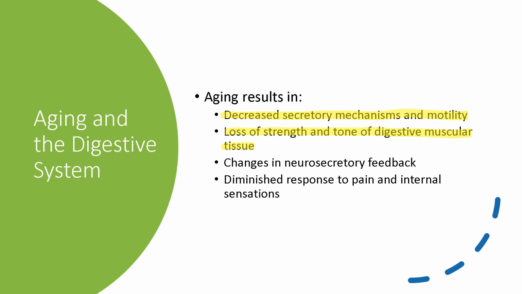We'll also get changes in the neurosecretory feedback and then also a decreased response to pain and internal sensations. So these are going to be pain of the gastrointestinal tract or pain of the accessory organs of the digestive system, that internal pain and internal sensations.